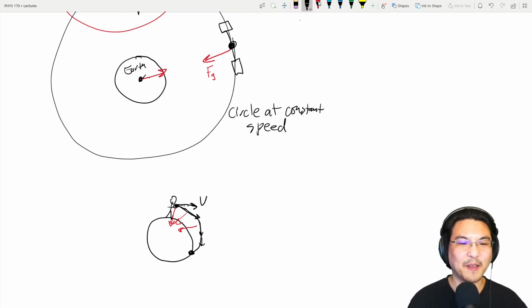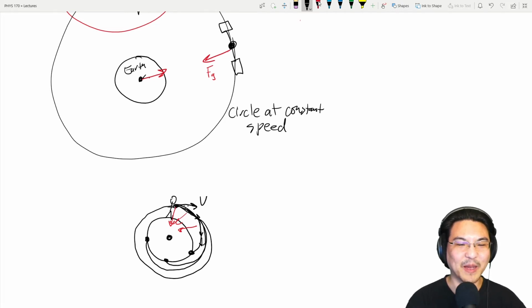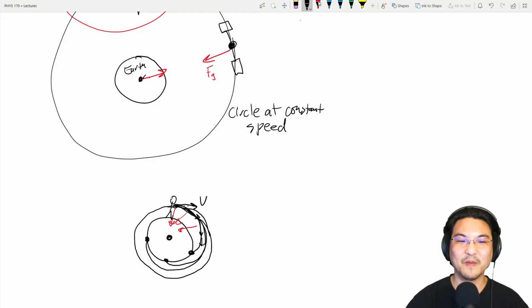So if you throw something fast enough, it's falling toward the Earth because of gravitational attraction toward the center of mass. But then the faster you throw it, the farther it goes and it falls. So if you throw something fast enough, it's falling, and then hits you in the back of the head. So, right, when something is in orbit, it's actually falling toward the center of the Earth, but just never hits the ground.